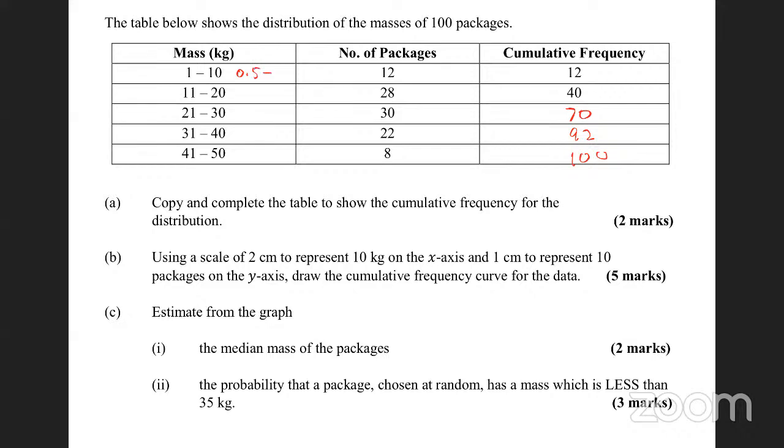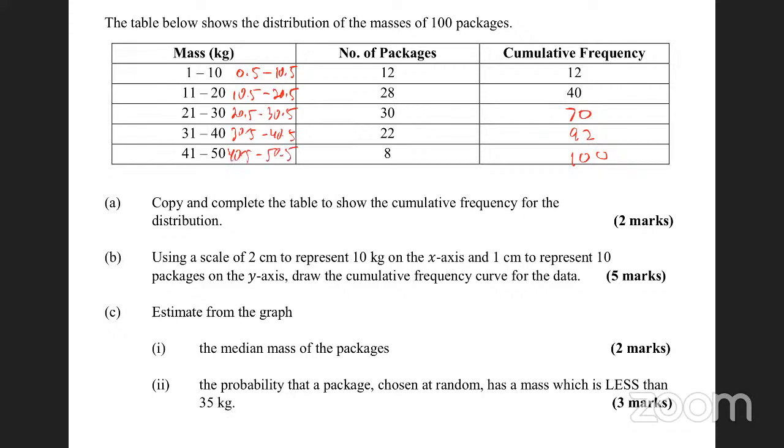This is 0.5 to 10.5. This is 10.5 to 20.5. This is 20.5 to 30.5. This is 30.5 to 40.5.